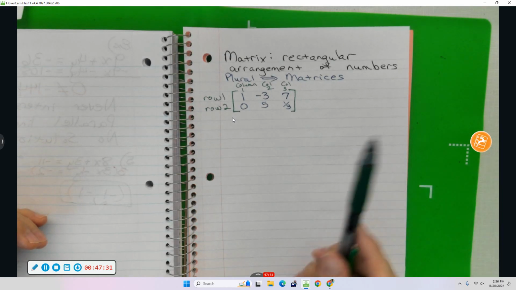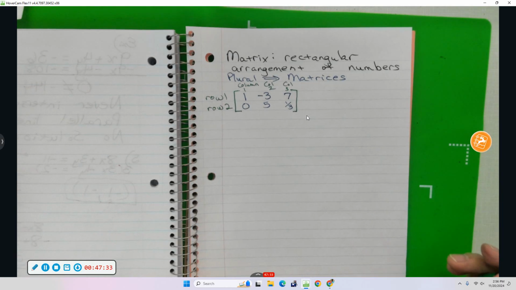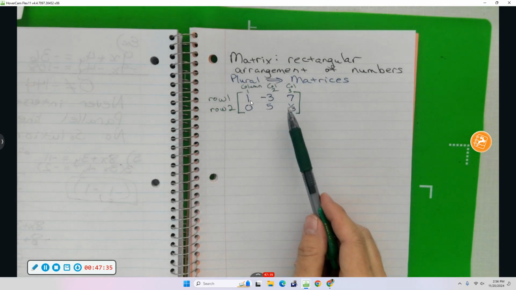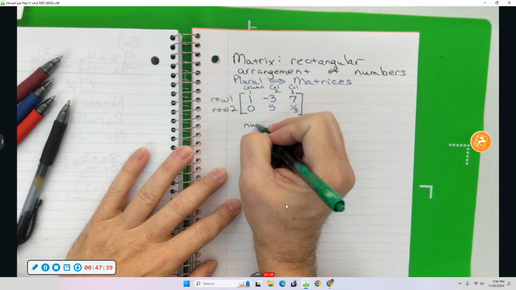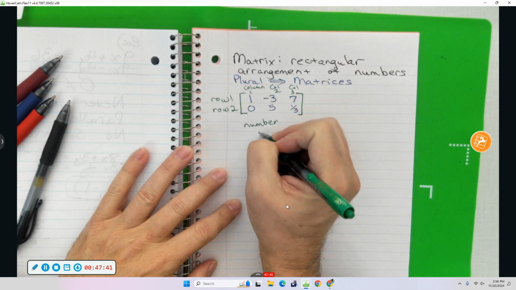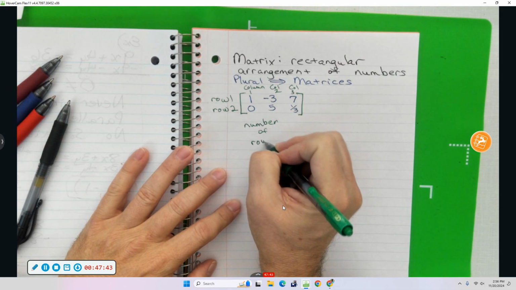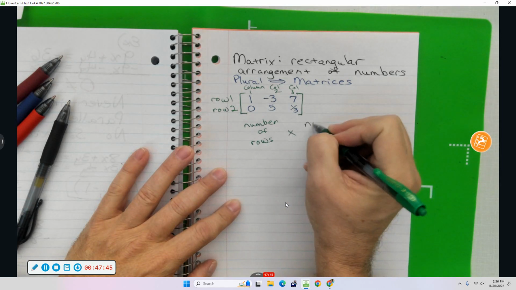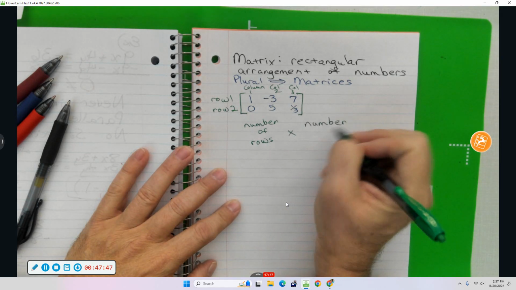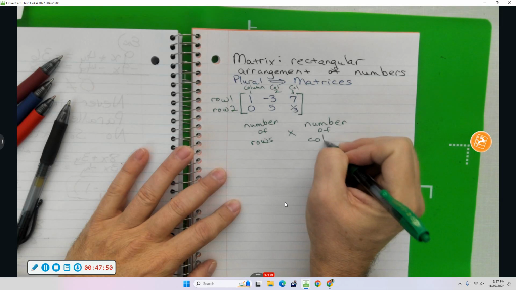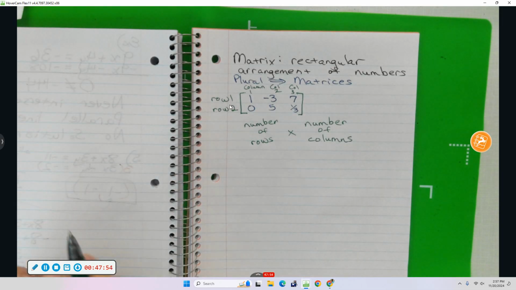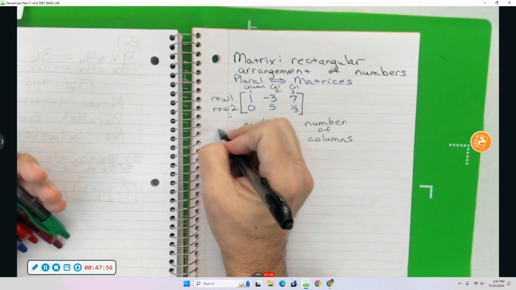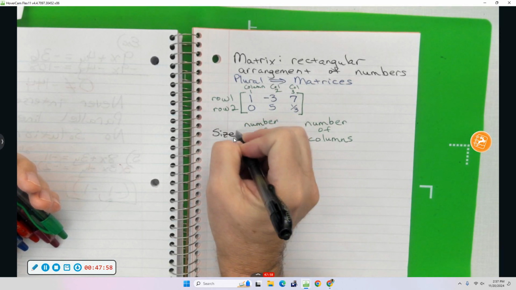I need it in terms of the length and the width. The size of a matrix is the same thing. It's given in terms of the number of rows by the number of columns. That's how you express the size of a matrix.